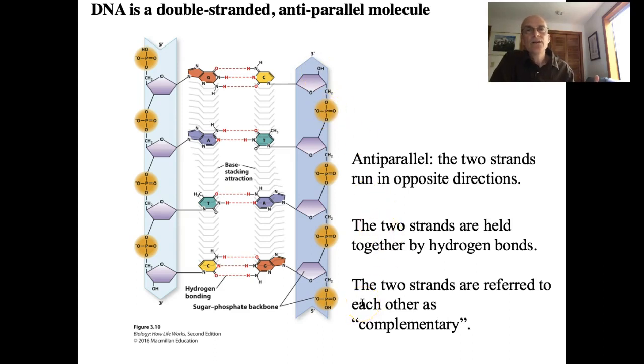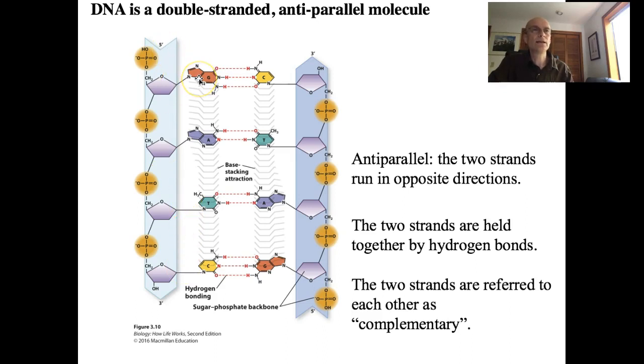Then the last thing that you need to know for this slide is that because of that anti-parallel arrangement, and because of the rule of base pairing by which only a C with a G and a T with an A can pair, you have what's called complementarity or complementary strands. So if I gave you this strand here and I would say, well, what's the other strand? Then you could deduce that immediately from just looking at this.